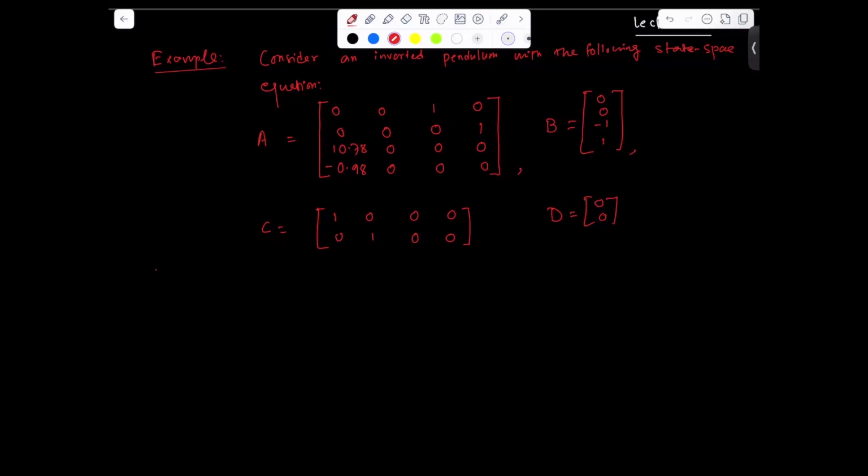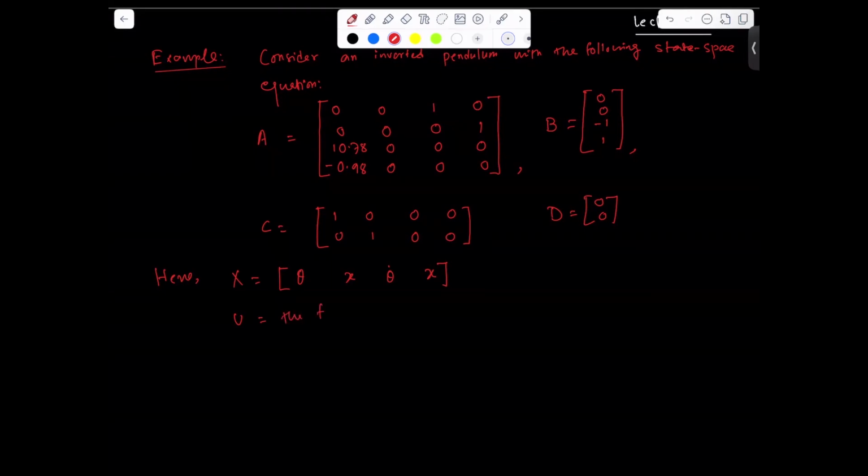Here X is the state vector: theta, X, theta dot, X dot. And U is the control input, the force applied horizontally.